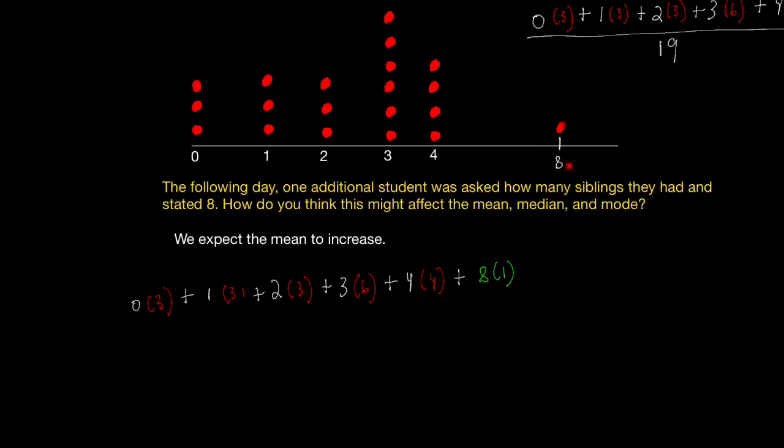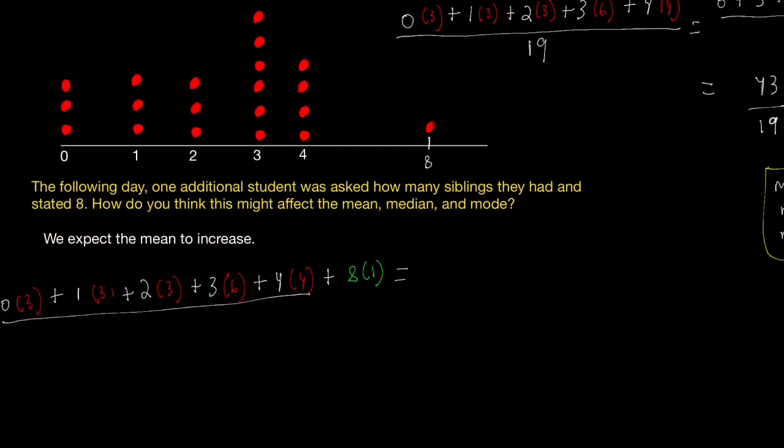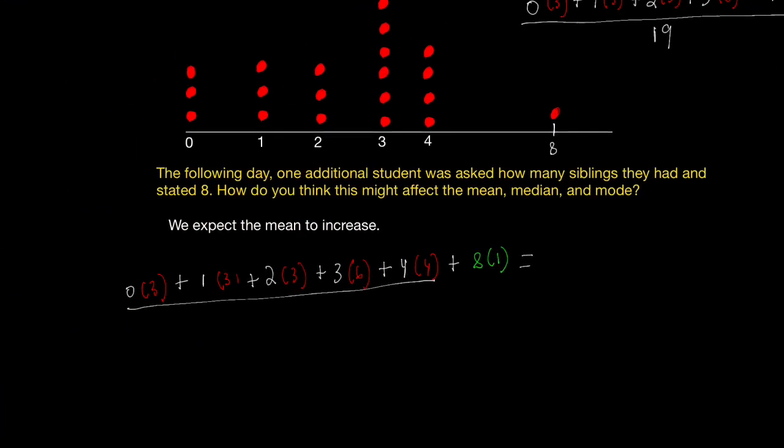I have this new addition which I'm putting in green here. Basically the only thing that's changing is this green part, but I want to calculate the mean including this. So here I'm going to put equal, and this part right here we've already computed. We said that it was 43. So here I'm going to get 43, and I'm going to add it plus 8 times 1, which is 8.